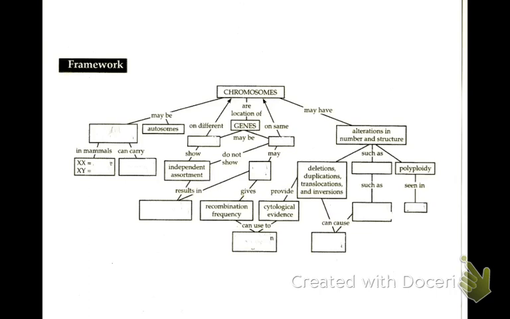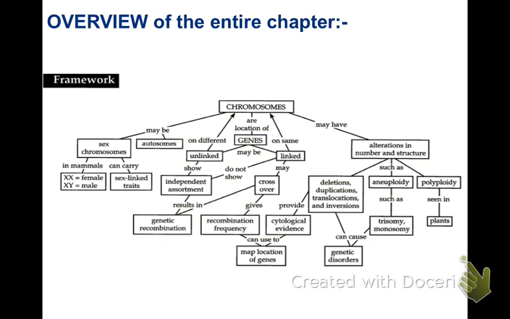So this is a chart you could try to fill in. I have a filled out one wherein you can see the answers. Sex chromosomes in mammals are XX in female and XY in male. They can carry sex-linked traits. Chromosomes can also be autosomes. Humans have 2 sex chromosomes and 44 autosomes, right? Genes on different chromosomes are unlinked and show independent assortment, which results in different genetic recombinations.